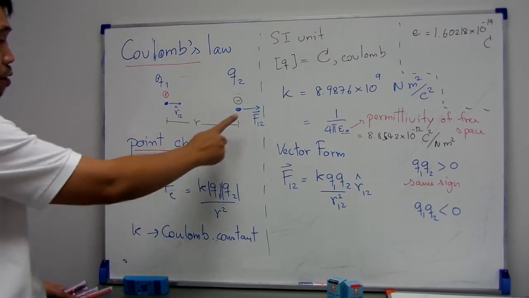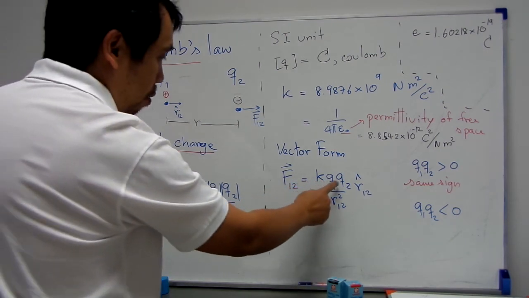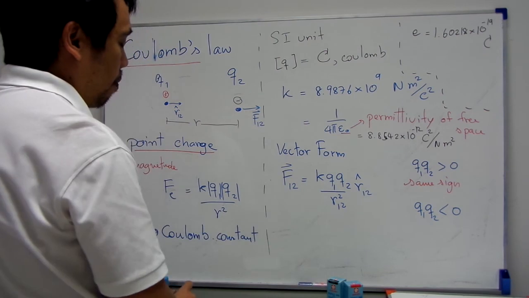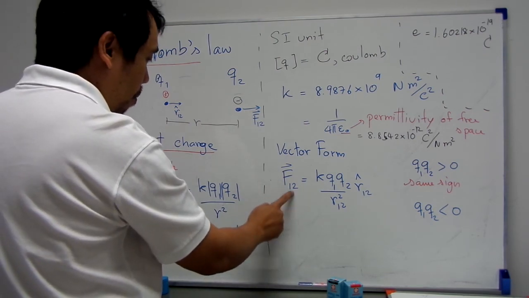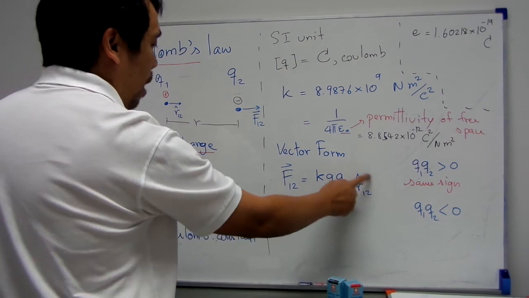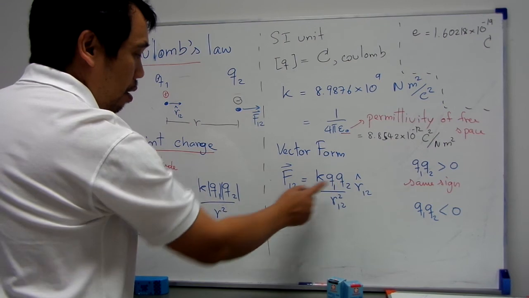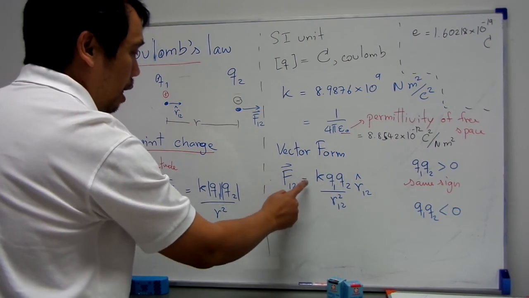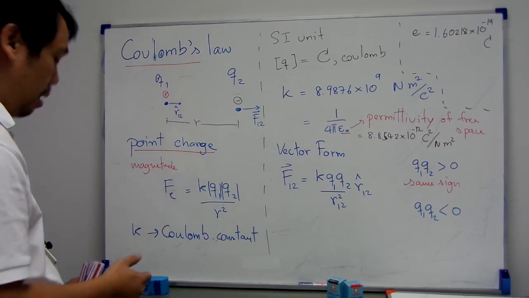Now, if you look at the force F12, since Q1 times Q2 is negative, F12 has the opposite direction compared to R12. So F12 is a negative of R12, I mean the direction.